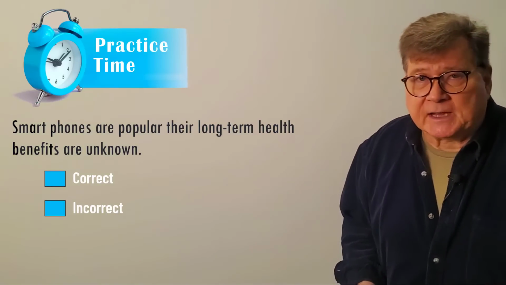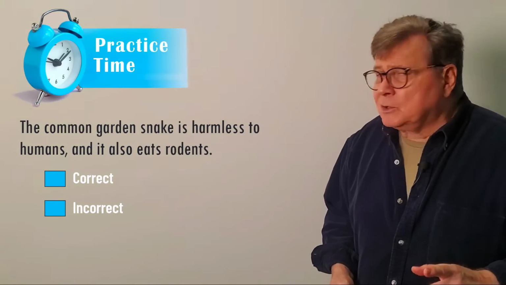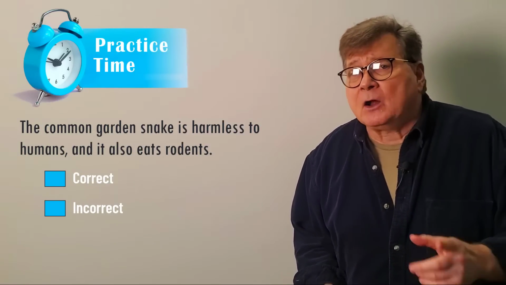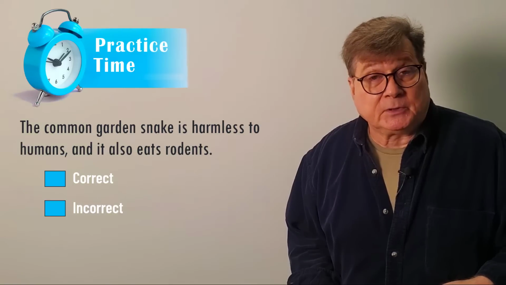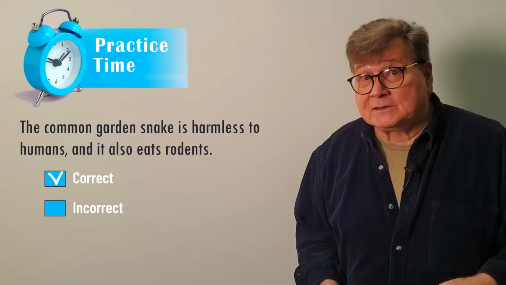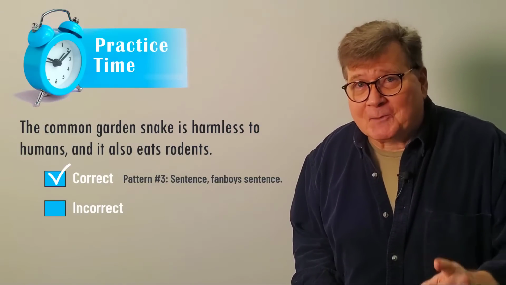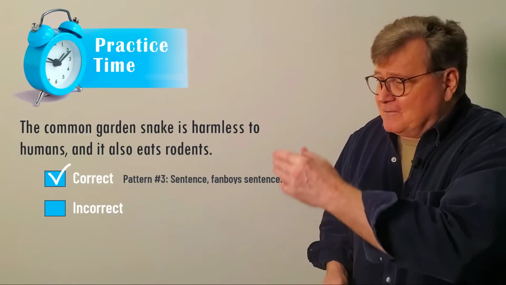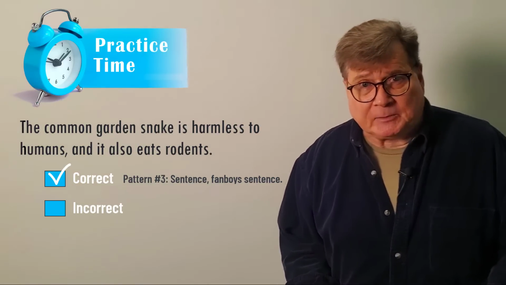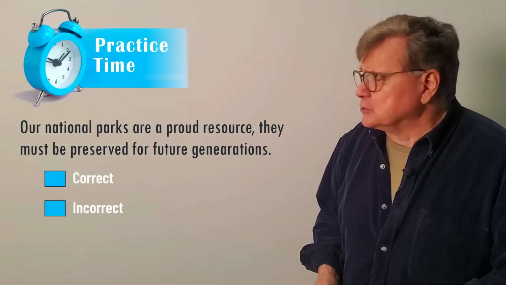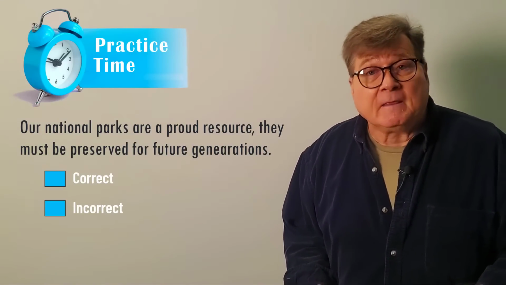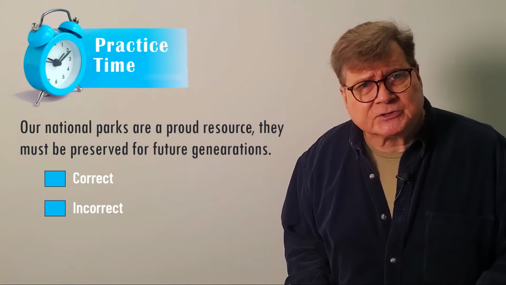Okay, next example. The common garden snake is harmless to humans, comma, and it also eats rodents, period. Correct? Yes, it is. It fits pattern number three. Sentence, fanboys, sentence, period. Okay, last example. Our national parks are a proud resource, comma, they must be preserved for future generations.